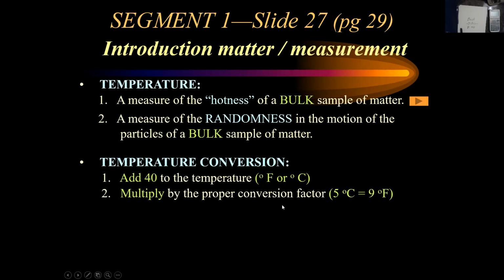So if we are converting from Fahrenheit to Celsius, we're going to add 40, and then multiply by 5C over 9F. I want the Fahrenheit values to cancel. If I were doing Celsius to Fahrenheit, same thing, I'm going to add 40 to the Celsius value, and I'll get a number of Celsius degrees. But this time I want my factor to be 9F divided by 5C, because I want Celsius to cancel.